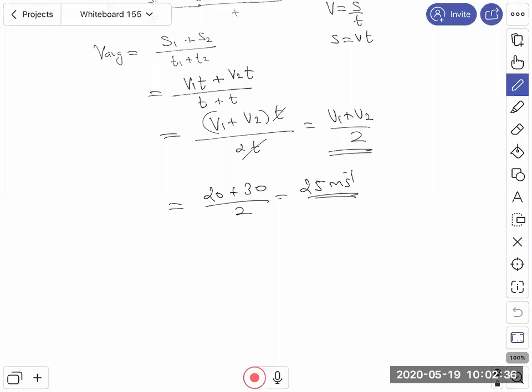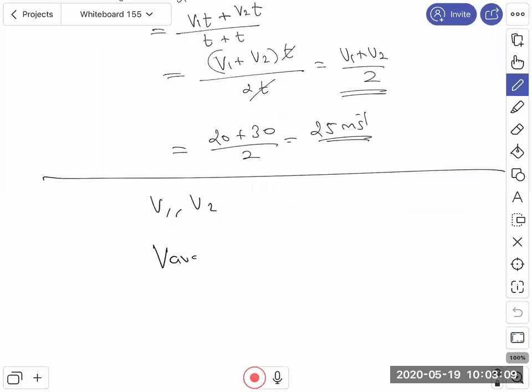If a particle is moving with velocities v1 and v2 in the same duration of time, then the value of average velocity is equal to v1 plus v2 divided by 2.